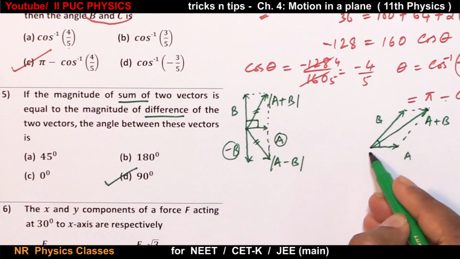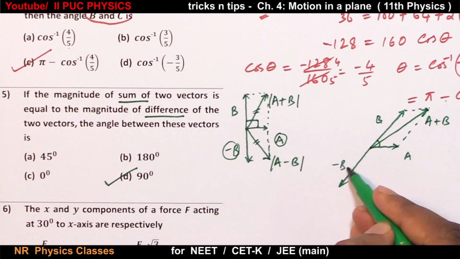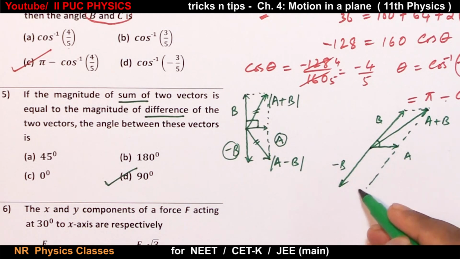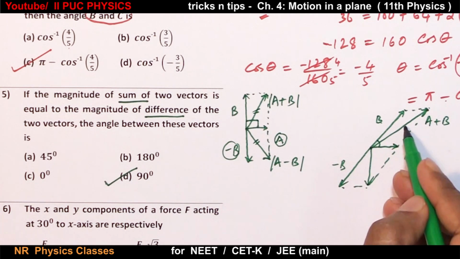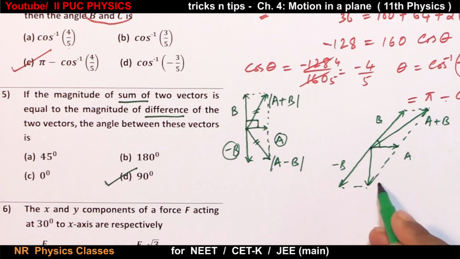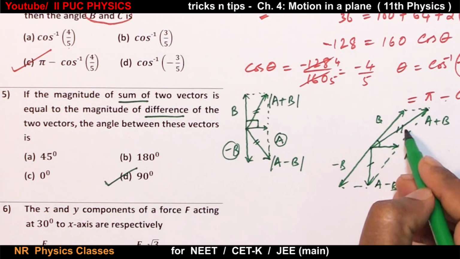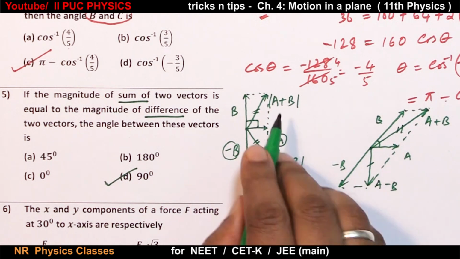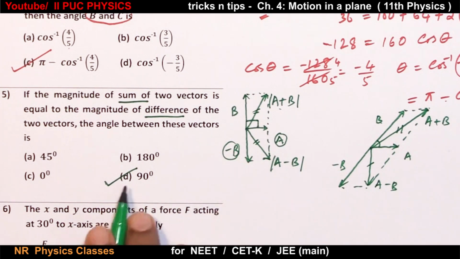If this is B, then this is minus B. This is A. Complete the parallelogram, draw the diagonal. We can clearly see that the length of A minus B is different from the length of A plus B. So magnitude of A plus B is equal to magnitude of A minus B for 90 degree only.